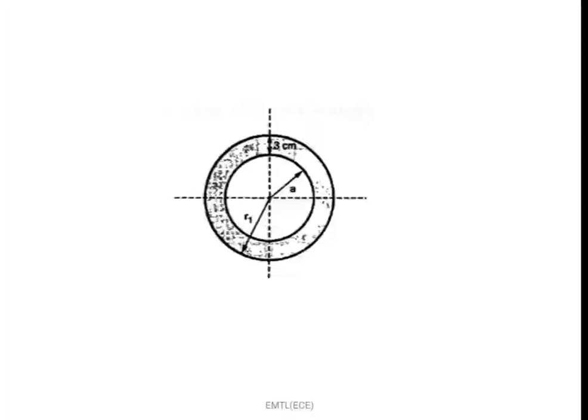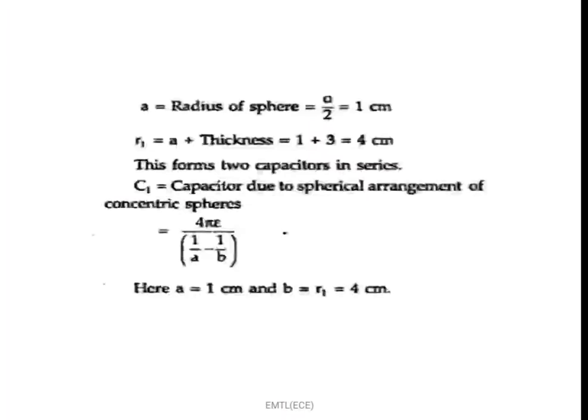Now for this spherical capacitor, the radius of the sphere A is diameter by 2, that is equal to 1 centimeter, and R1 value is equal to A plus thickness. R1 is the radius of the polythene, so that is equal to A plus the thickness of the polythene.